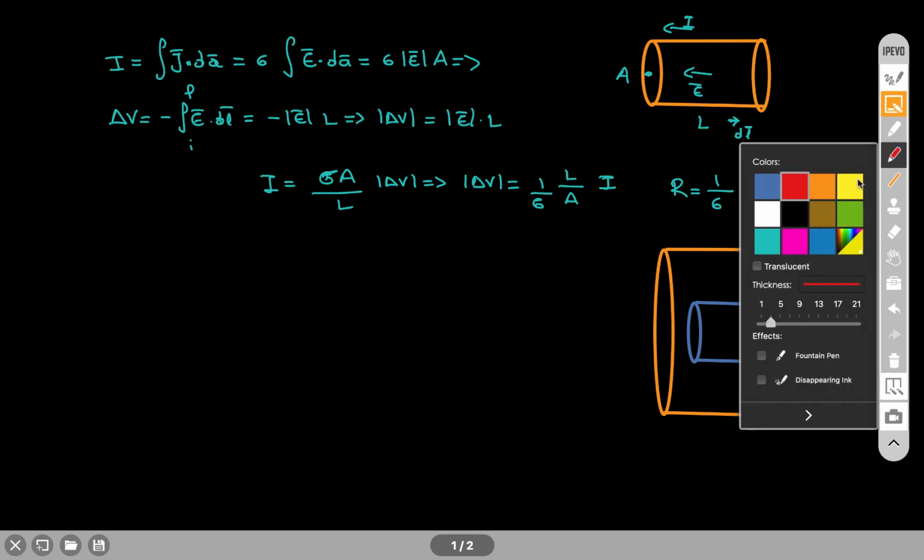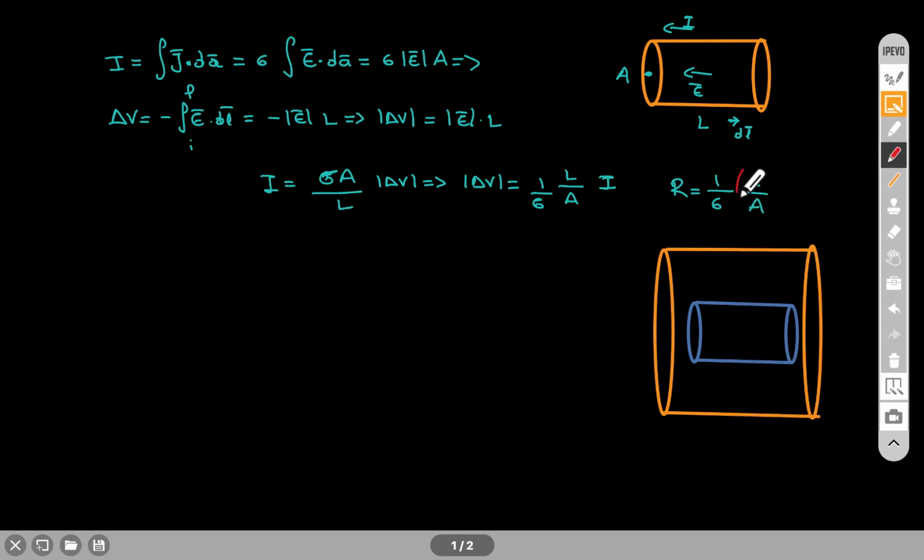It's referring to the geometry of the problem. So this is what is determined by the geometry of your situation, and this part over here is determined by the material.